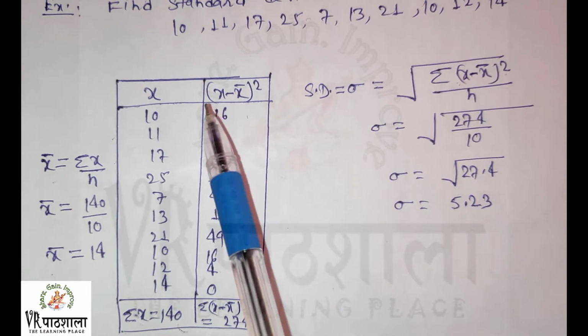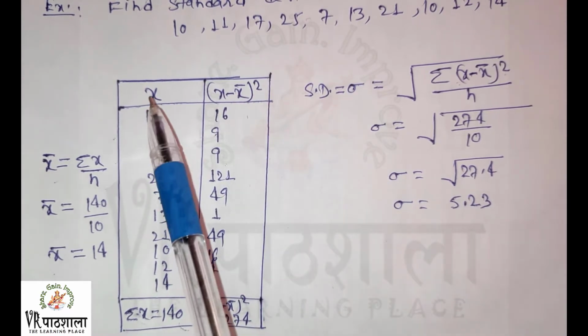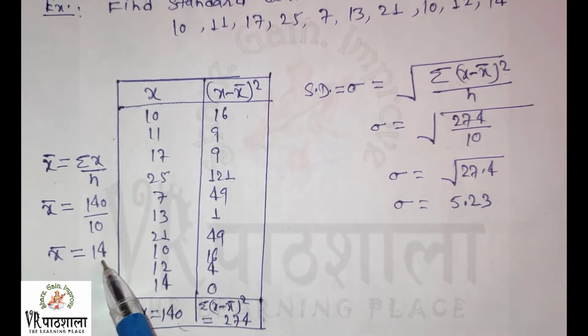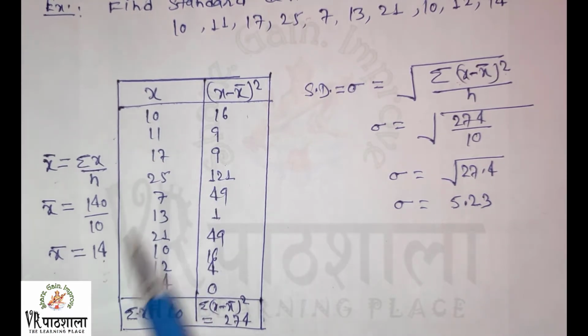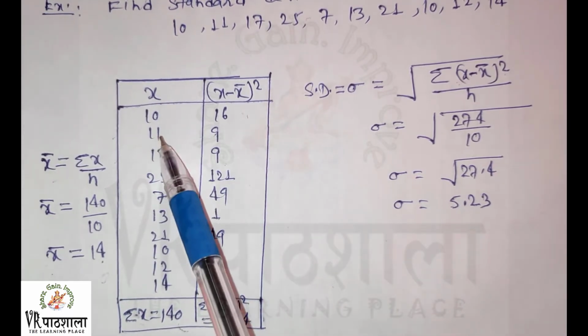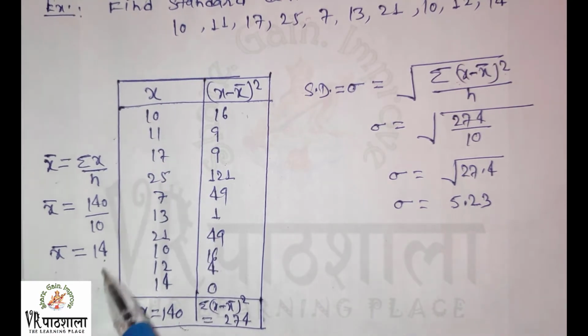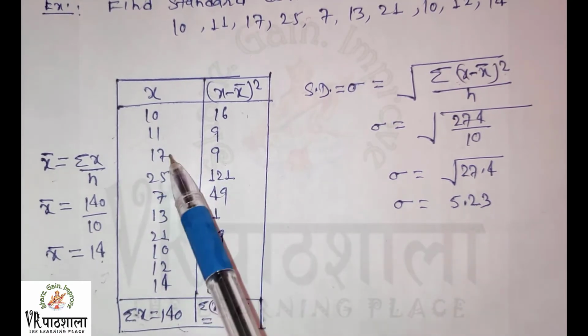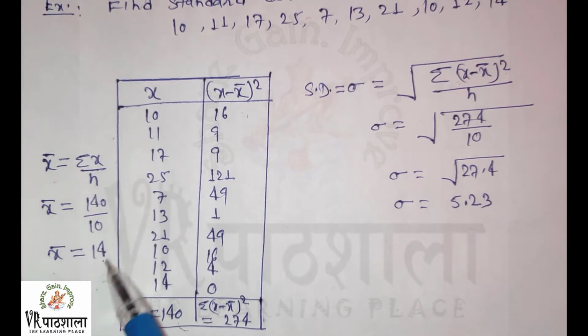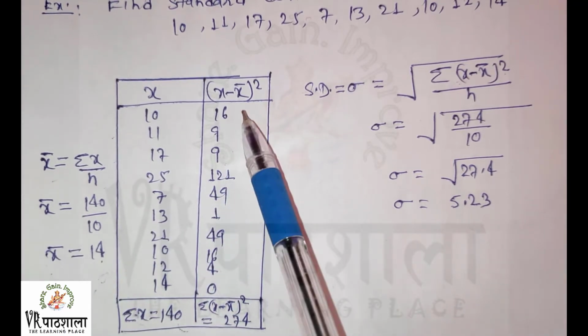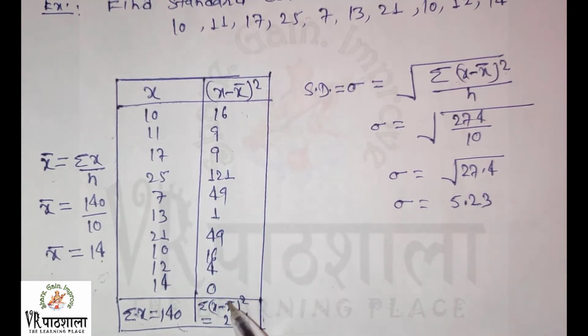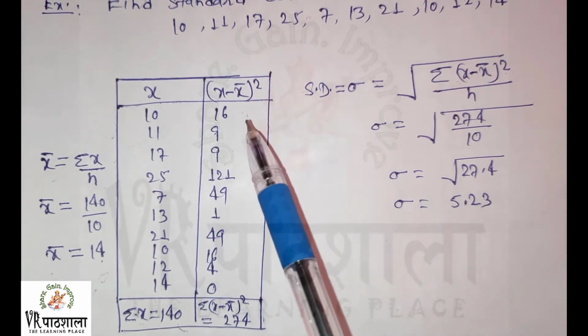Now we calculate (x minus x bar) square. Here x is given and the mean is 14. Now 10 minus 14 is minus 4, and the square of minus 4 is 16. 11 minus 14 is minus 3, the square of minus 3 is 9. 17 minus 14 is 3, the square of 3 is 9. Similarly, we calculate all entries in the column (x minus x bar) square.